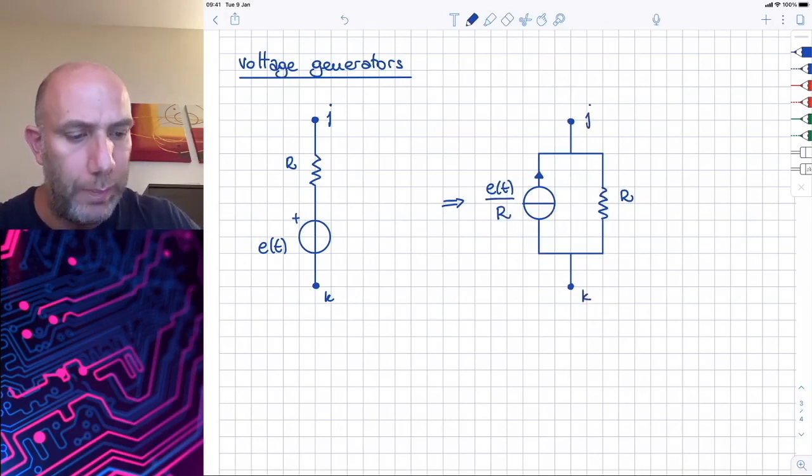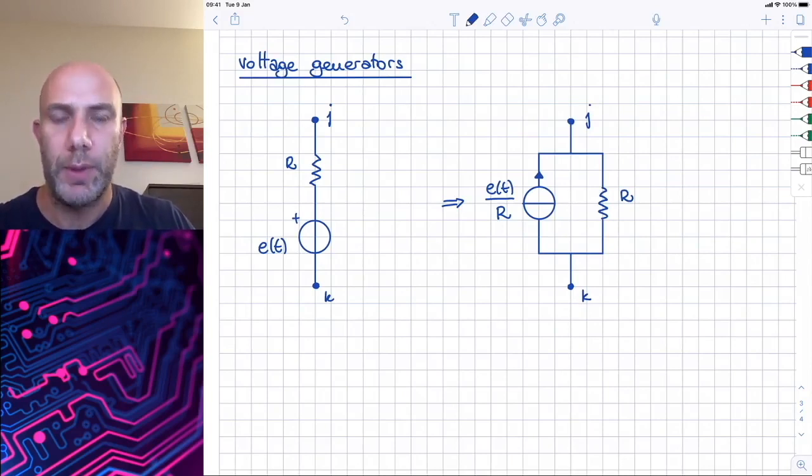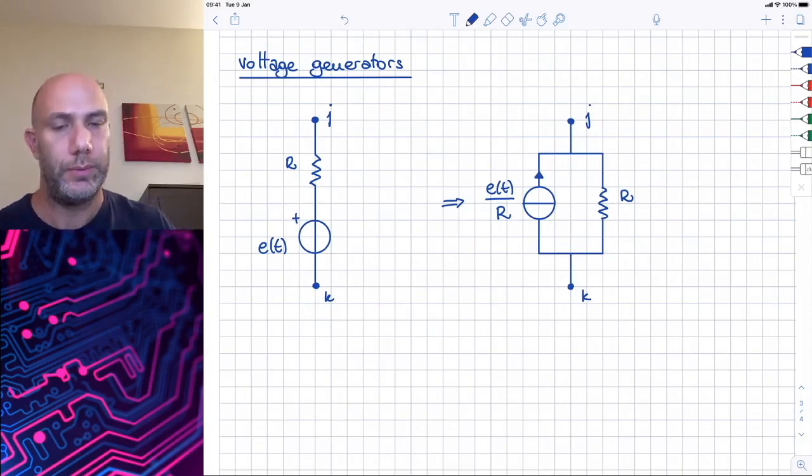So once we apply this substitution, we have a current generator in parallel with a resistor, and we can use the same approach that we used before, because we have transformed the voltage generator in series with a resistor into a current generator in parallel with a resistor.